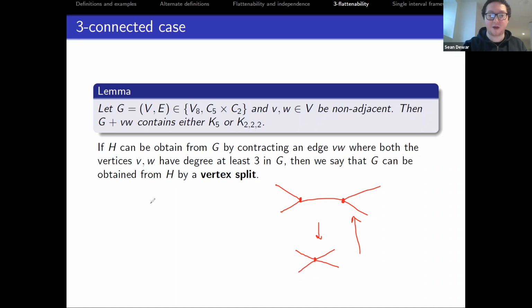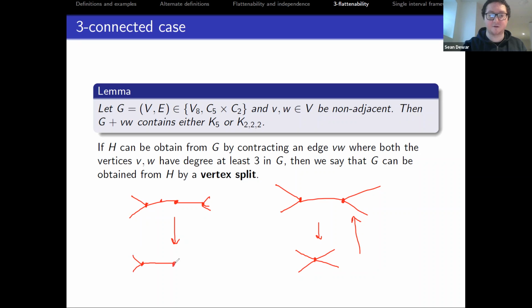Now, if they don't both have degree 3, so say we have something like this, and then that's doing something over here. The operation we get when we contract this edge is going to be like this.